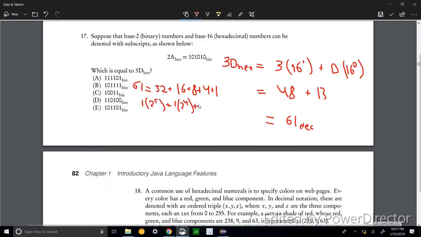And 8 is 1 times 2 to the 3rd. 4 is 1 times 2 to the 2nd. 1 is 0 times 2 to the 1st. And so once we add all those together, we get 1, 1, 1, 1, 0, 1 in binary. And so the answer to number 17 is A.